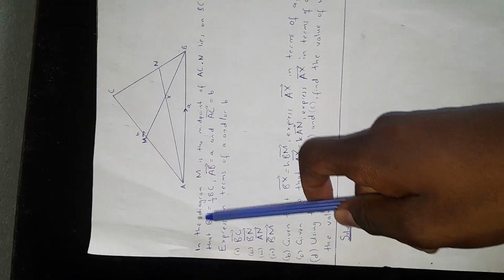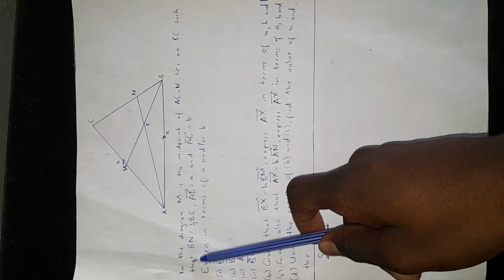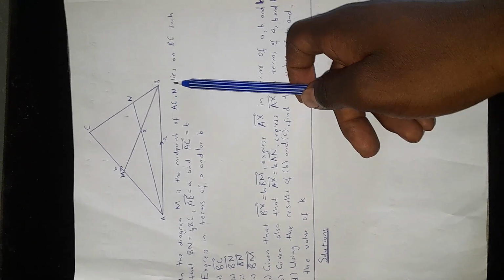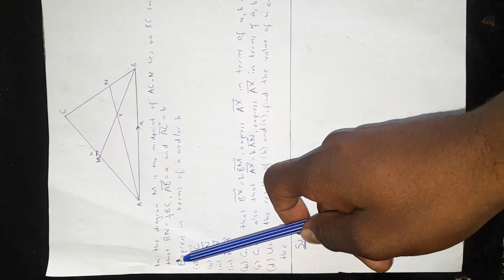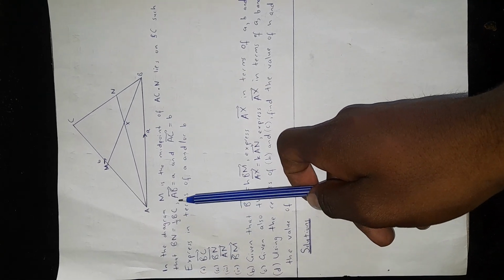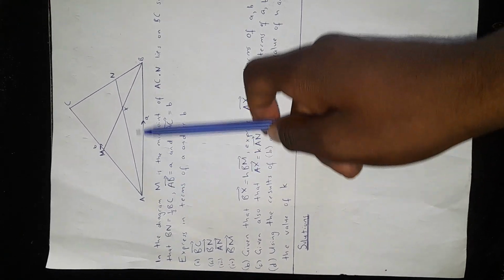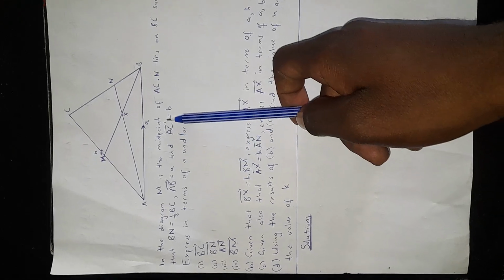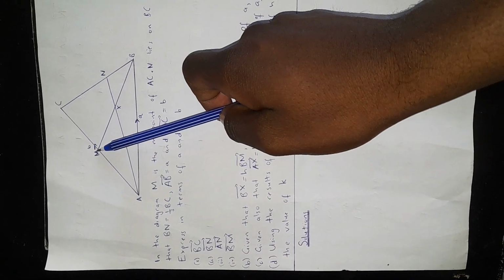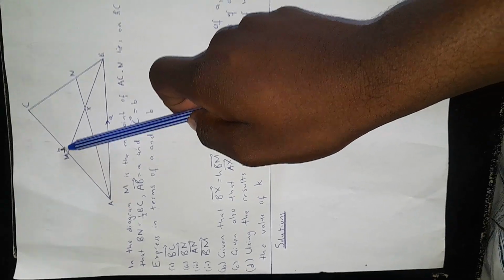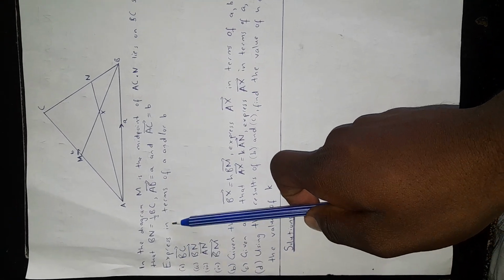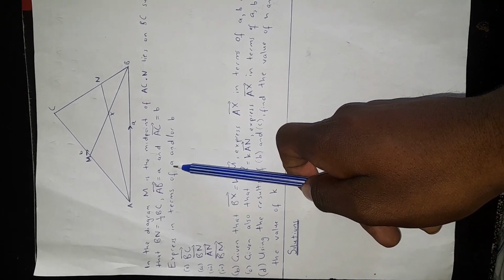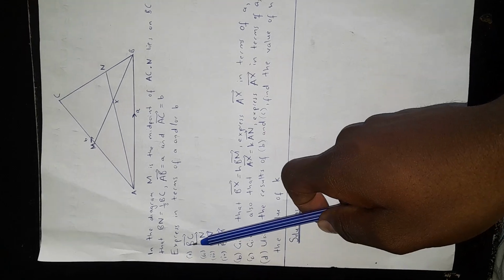Then we are now going to our question. They're saying that in the diagram, M is the midpoint of AC, N lies on BC such that BN is equal to 1 over 3 BC, AB is equal to A, and AC is equal to B, small letter B. Here they are saying express in terms of A and or B. Our first question is BC.